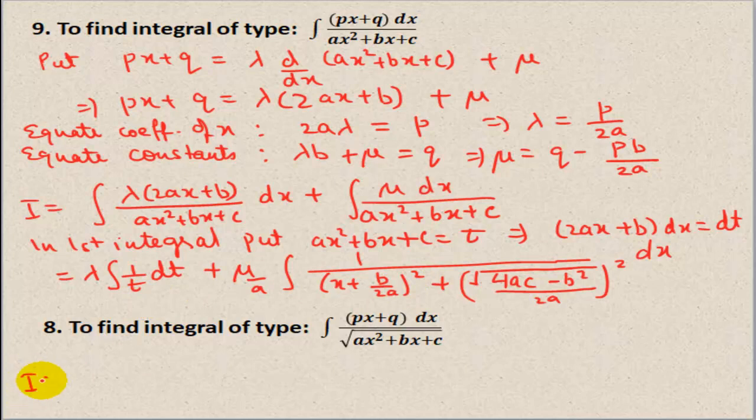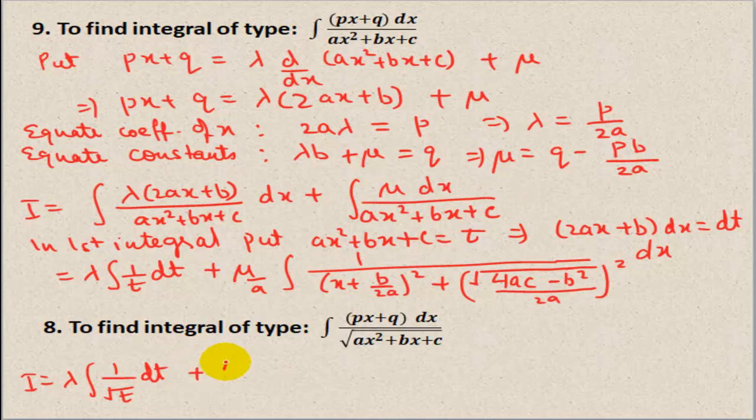Here it will become lambda times 1 over square root of t dt. See, px plus q, we will write this only. And in the same manner we will get lambda and mu. Okay, and you will put them here. What is the only difference? This term is under the square root. And substitution also you will use like this only.